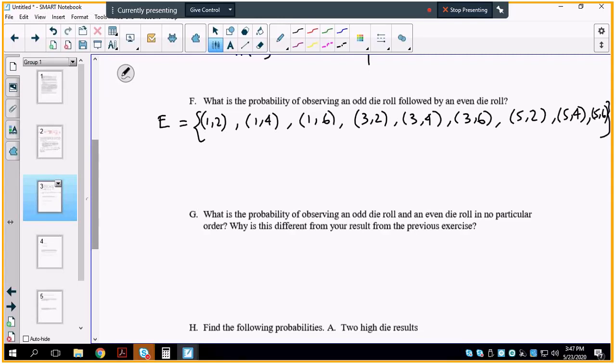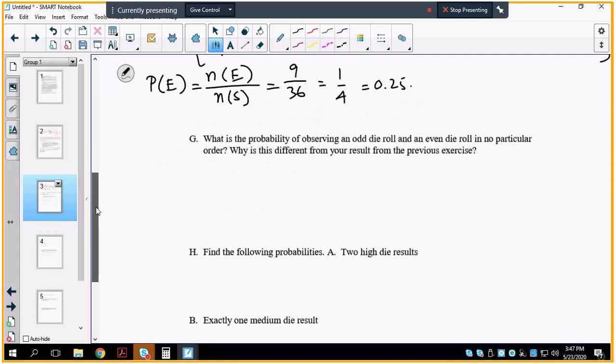And that's it. That's the event space where an even die is following the odd die. And you see there are 9 of them. So the probability of this event is the number of elements in the event space divided by the number of elements in the sample space. And that is going to be 9 out of 36, which is 1/4. And that's 0.25.